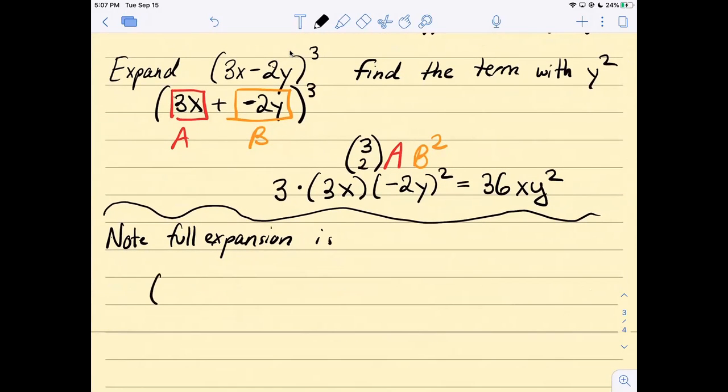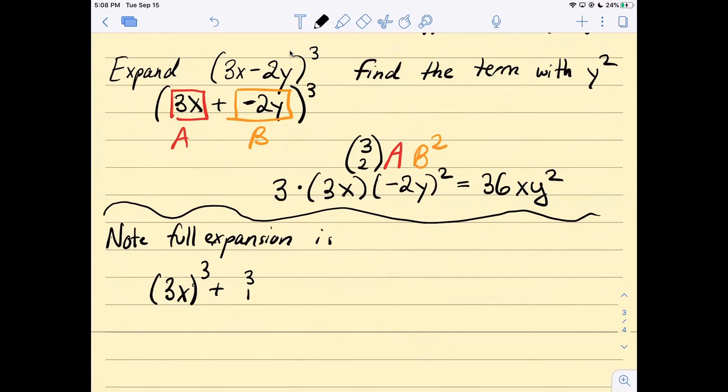It will be 3x to the third plus 3, and the name of the game here is parentheses. Parentheses are your best friends. Don't expand anything until you're done with writing it all out. And make sure you're thinking of the 3x and negative 2y as their own thing that you're not mixing with anything until the end.